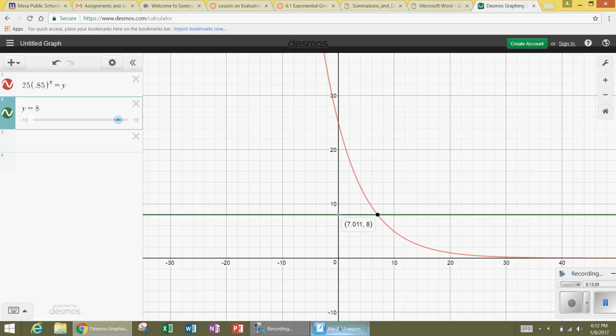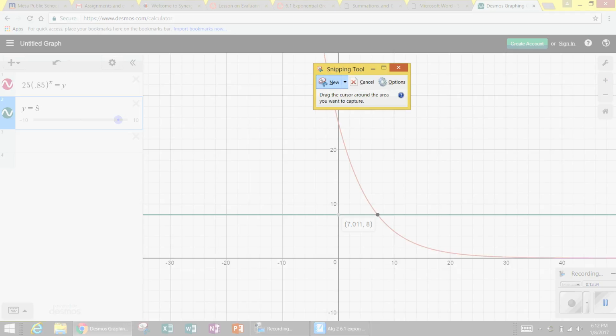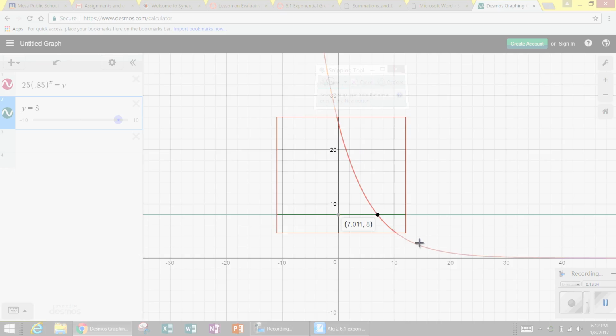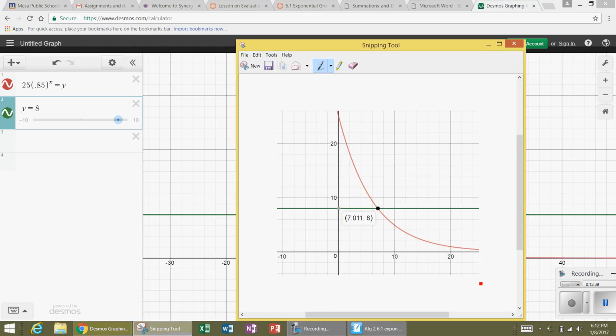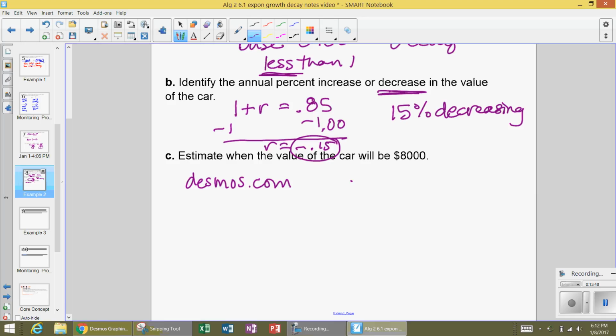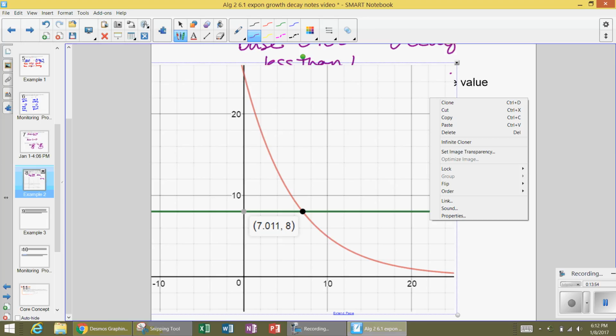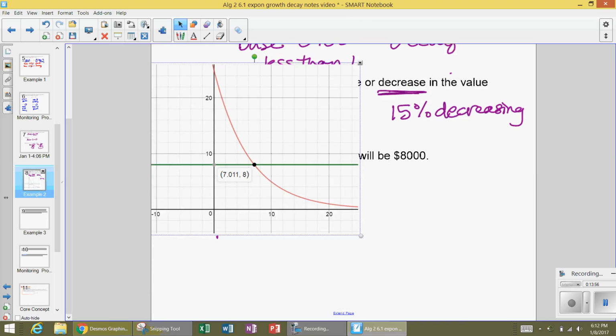So let's go back to the problem. Before I do that, I'm going to come here and use my snipping tool. I want to grab a snippet of this. And when I go back into my notes, I can paste that snippet. Let me extend the page here. And I can paste that graph. Let's make it just a tad smaller.